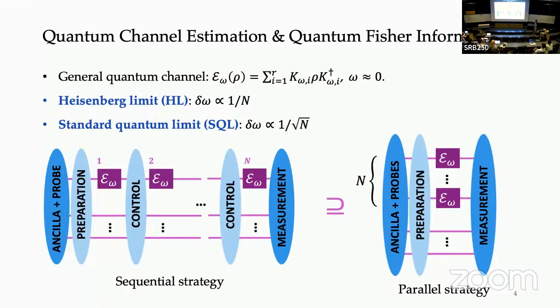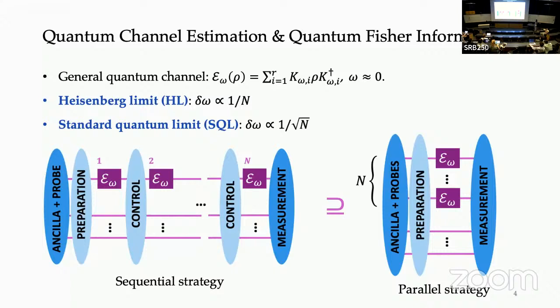There are two types of limit people usually consider. The first one is the Heisenberg limit. It describes the situation where the estimation error is proportional to 1/n. The second limit is the standard quantum limit. It describes the situation where the estimation error is 1/√n.